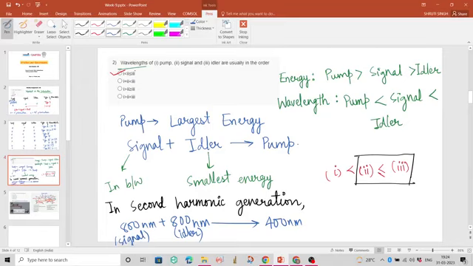But the pump cannot be equal to the signal or idler. If one of them is equal to the pump, then what are we generating? There is nothing to generate then, right? So 1 will be less than 2 will be less than or equal to 3. So that's how we solve this question.